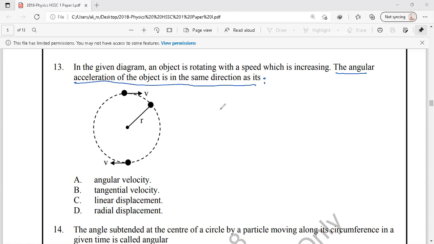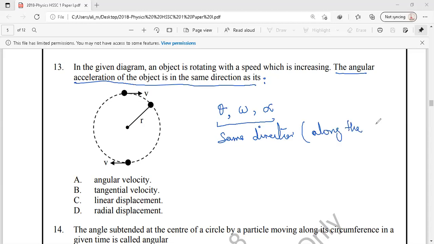So we know that the angular displacement theta, the angular velocity omega, and the angular acceleration alpha all have the same direction, and the direction is along the axis of rotation.